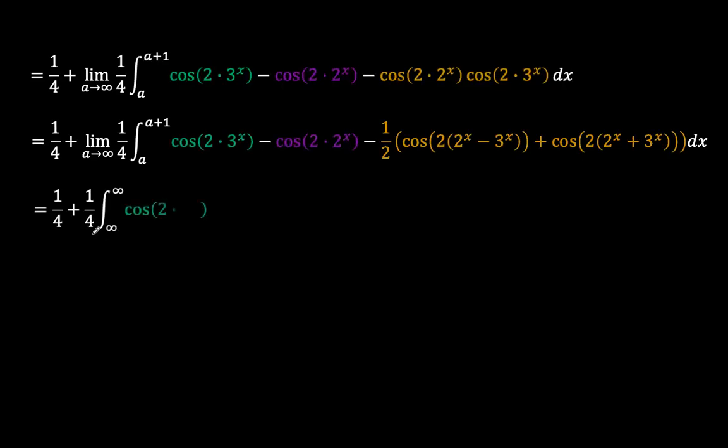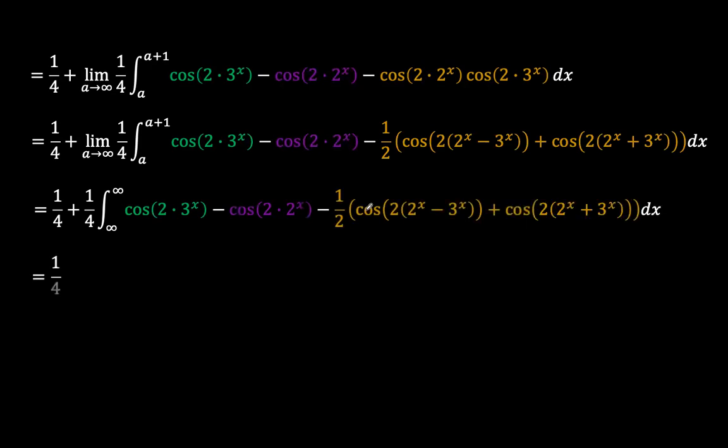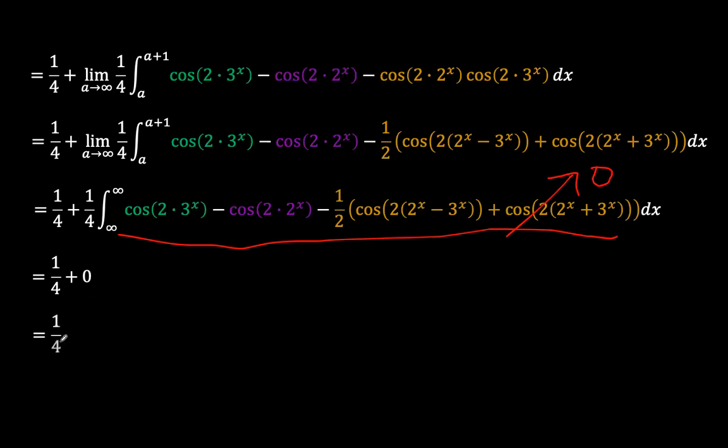So this is a quarter plus a quarter times the integral from infinity to infinity of these cosine terms, which implies that this entire thing tends to 0 because there is no interval. The interval is limited to infinity. And so these terms tend to 0, the entire integral. And so our answer remains a quarter.